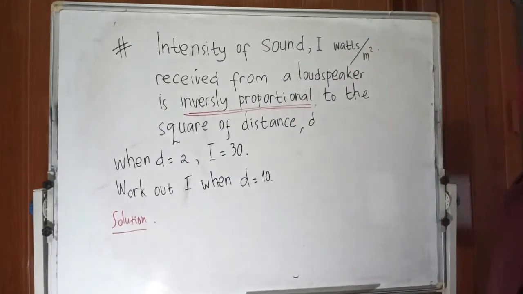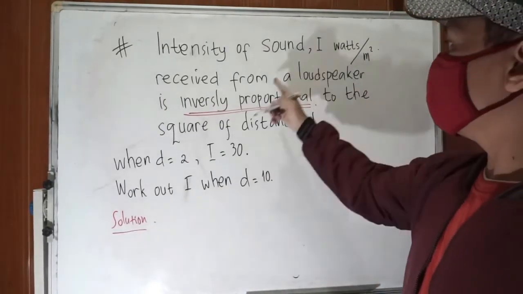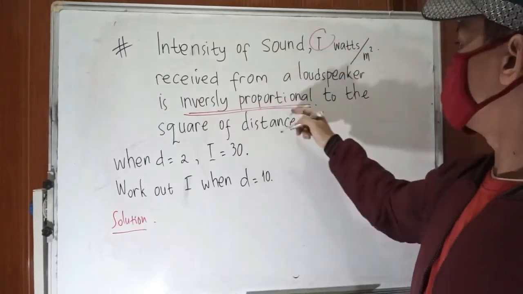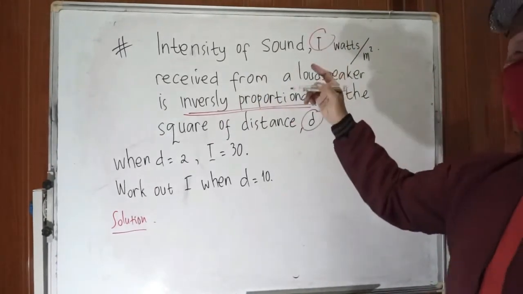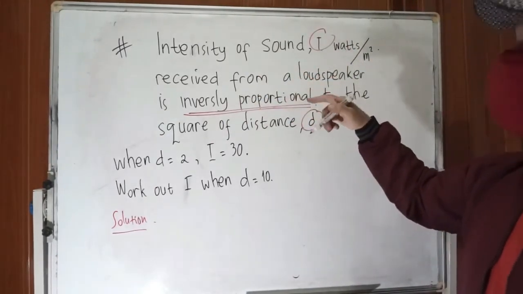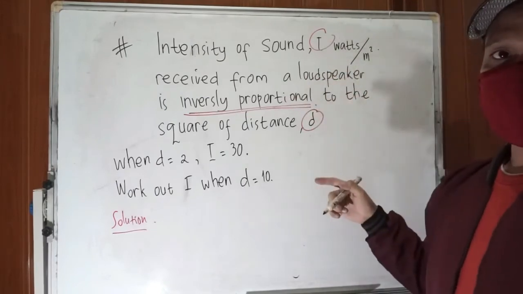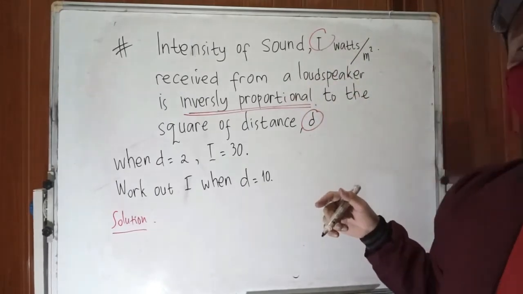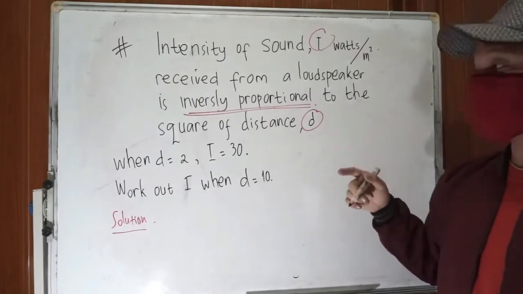So the solution: because of inverse proportion, I is inversely proportional to d squared. So the connection is between I and d. Now we connect the variables I and d.